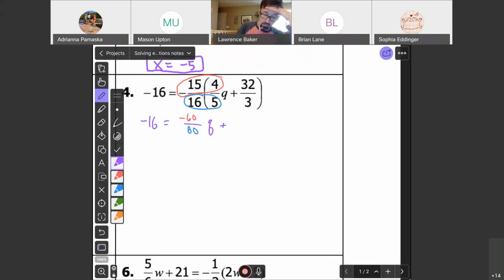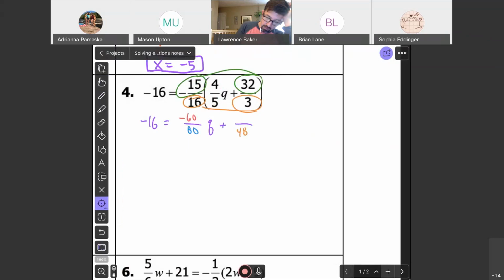And then, all right, so I'm going to take the negative 15 times 32, and I'm going to take the 16 times the 3. And of course, 16 times 3 is easier there, so we'll do that first. That's 48. The 10 times 32 is 320.